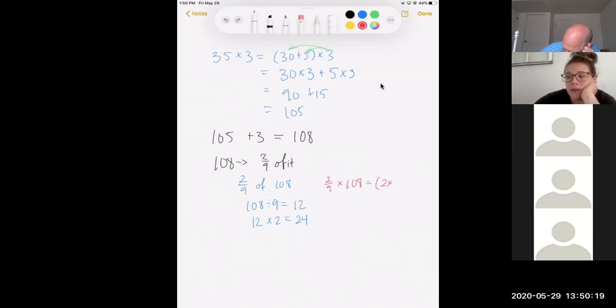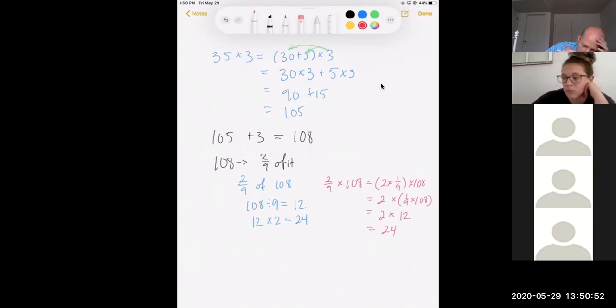So 2/9 becomes 2 times 1/9 times 108, and that's equal to 2 times 12 by the associative property, and that's 24. You can track each operation in blue, and I've tracked it as an equation in red, so that they're all legitimate mathematical moves.